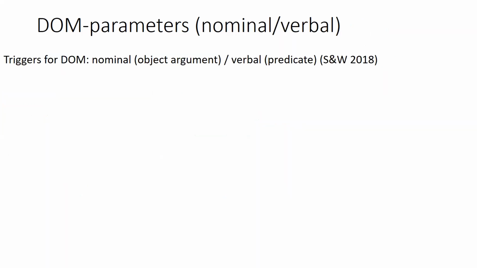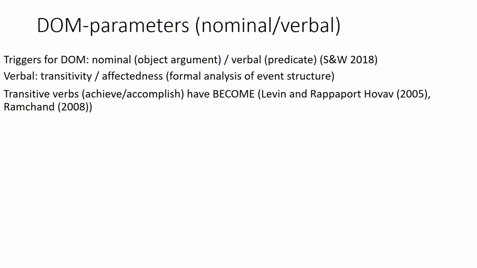Verbal factors are another important thing to bear in mind. This is to do with transitivity and effectiveness. If we analyze the various verb types formally, a formal analysis of event structure, in the classic Vendler partition of verb types, you've got states, activities, and transitive verbs, which have been analyzed as achievements and accomplishments.